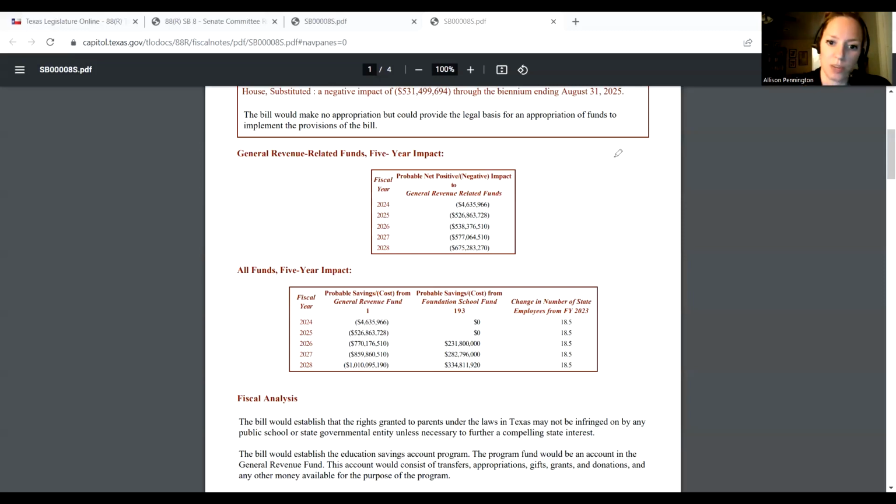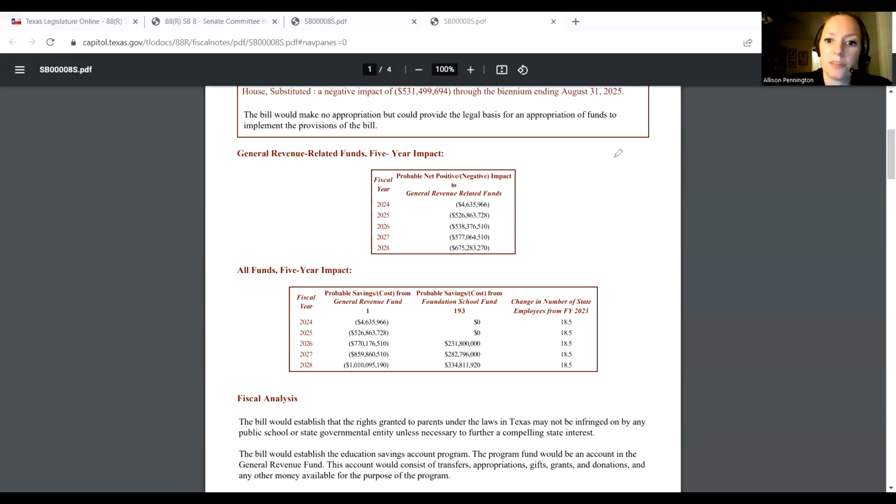And so the state's going to pay $231 million less out to our public schools in 2026. And then that number continues to grow all the way through 2028. So if you combine that net effect of you'll be spending this much, but then you'll be saving this much, that's where we get these numbers up here.